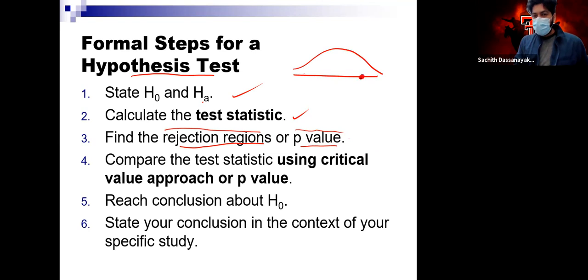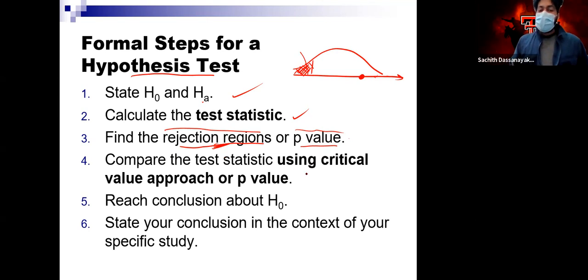A value on this real line we use in the critical value approach. We use the area under this curve, or probability value, in the p-value approach. That's the difference between those two.